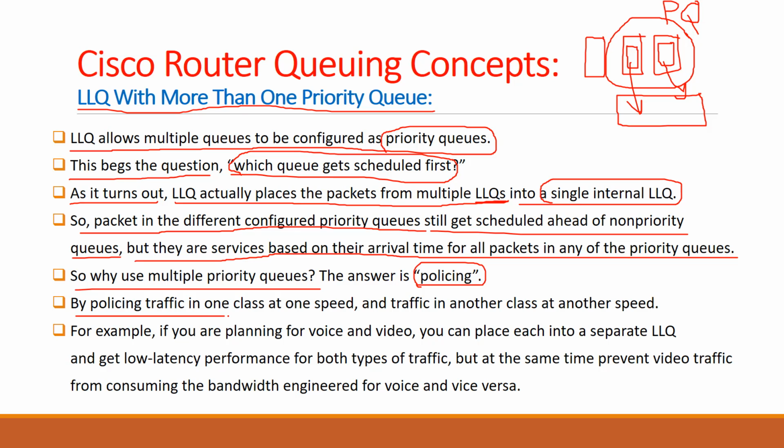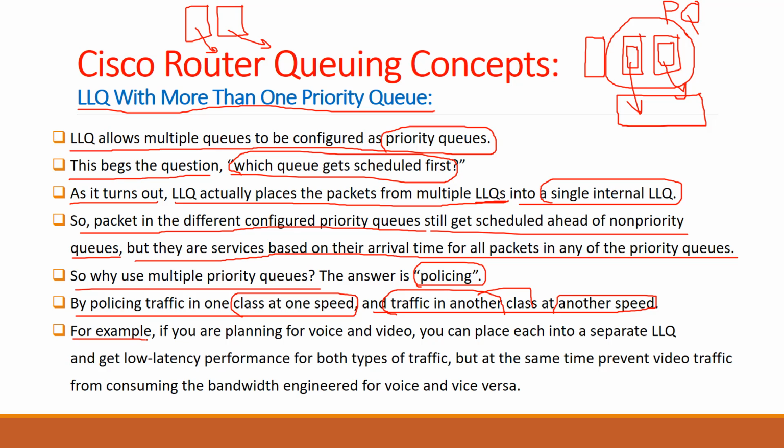By policing traffic in one class at one speed, and traffic in another class at another speed. What this means, if we have here 2 queues, one will be policed for a specific speed and the other will be policed for another speed.